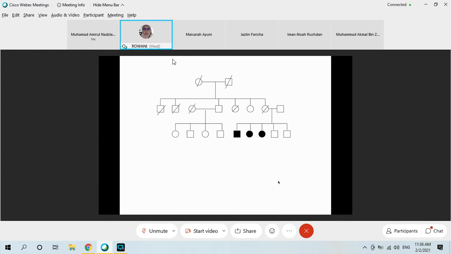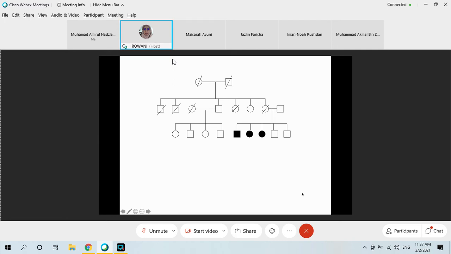Okay. So in this case, what do you think is the mode of inheritance? Wei Hua.